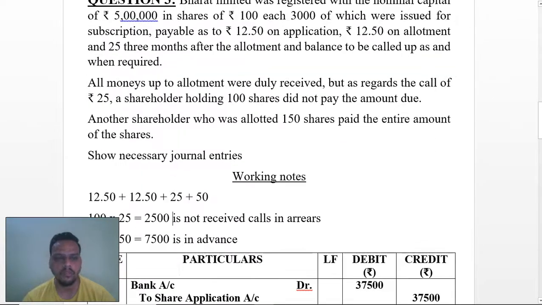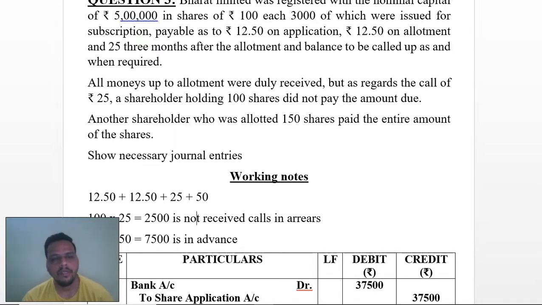In question number 2, first I have made the working note over here. In the working note it has been clearly said that application has 12.5, then allotment we are having 12.5, and the remaining is for first call of 25 rupees, and then after 3 months, as and when they are required for 50 rupees, they will give 50 rupees.